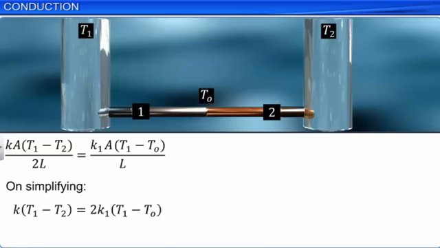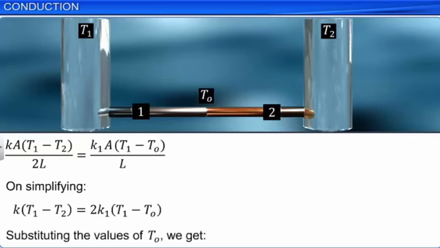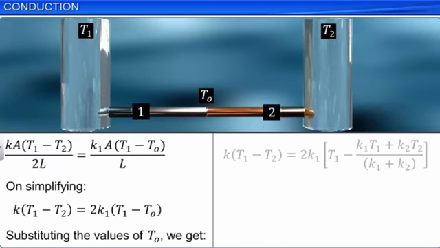Substituting the value of T0, we get K (T1 minus T2) is equal to 2K1 (T1 minus (K1 T1 plus K2 T2) by (K1 plus K2)).